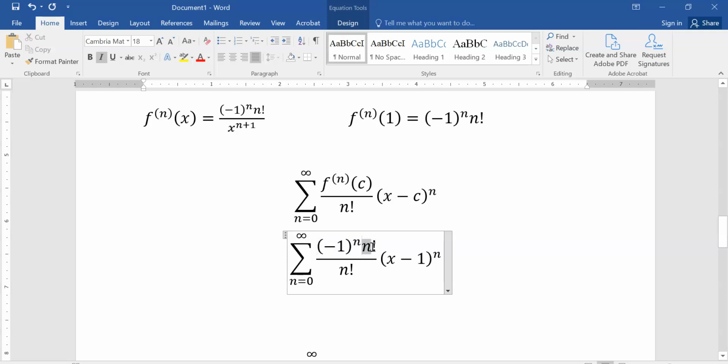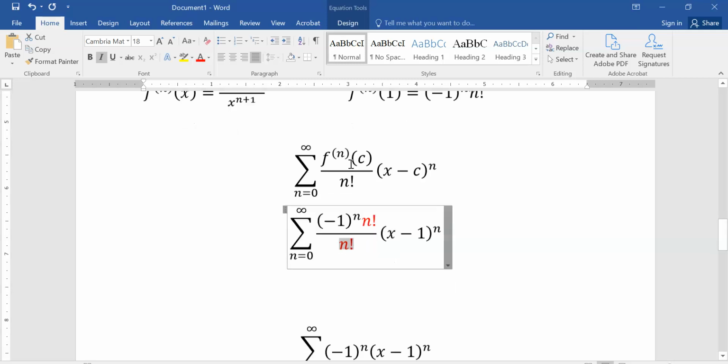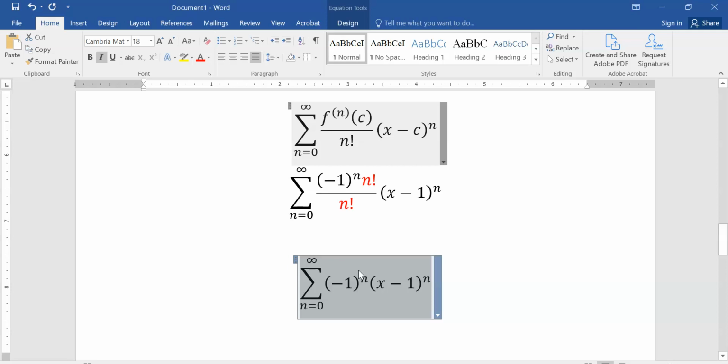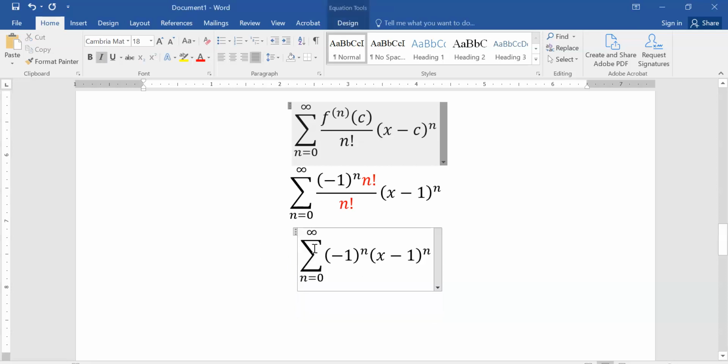And then I'm canceling out this n factorial with this n factorial. And what that's leaving me is this simplified power series, this one right here. Negative 1 to the nth power times x minus 1 to the nth power.